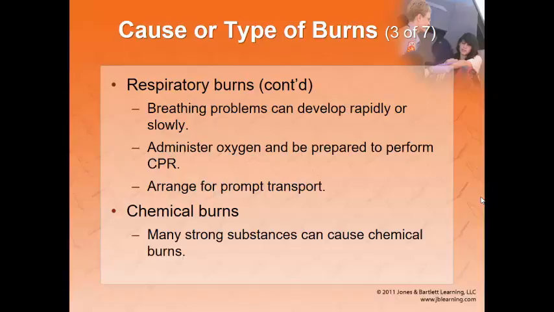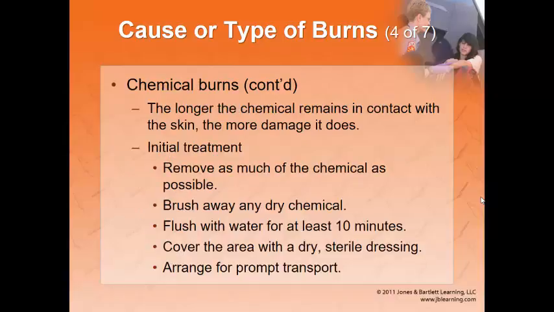Chemical burns. So we had talked about thermal burns, and these are chemical burns caused by any kind of chemicals. The longer the chemical remains in contact with the skin, the more damage it does. Therefore, as soon as we can, if we identify somebody that has a chemical burn, it could be acid, alkali, petroleum product, a dry chemical, anything. Get as much of the chemical off as possible.